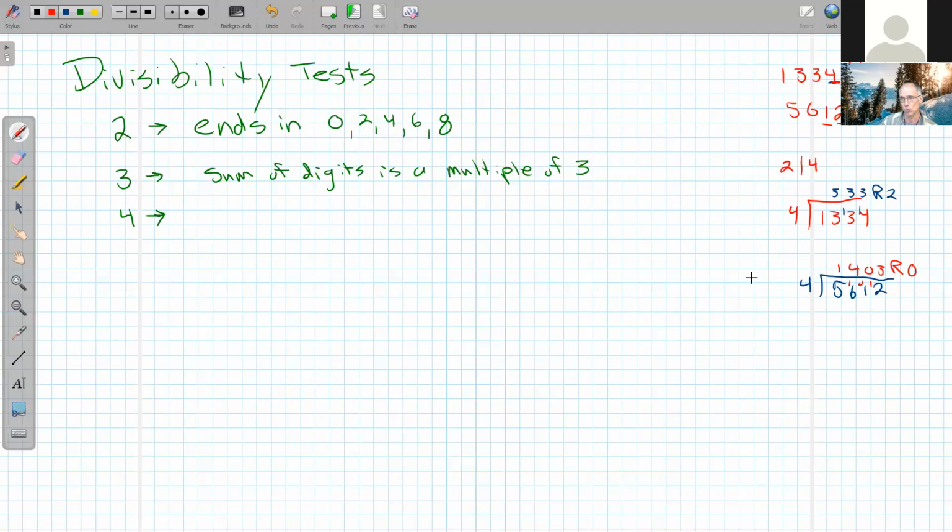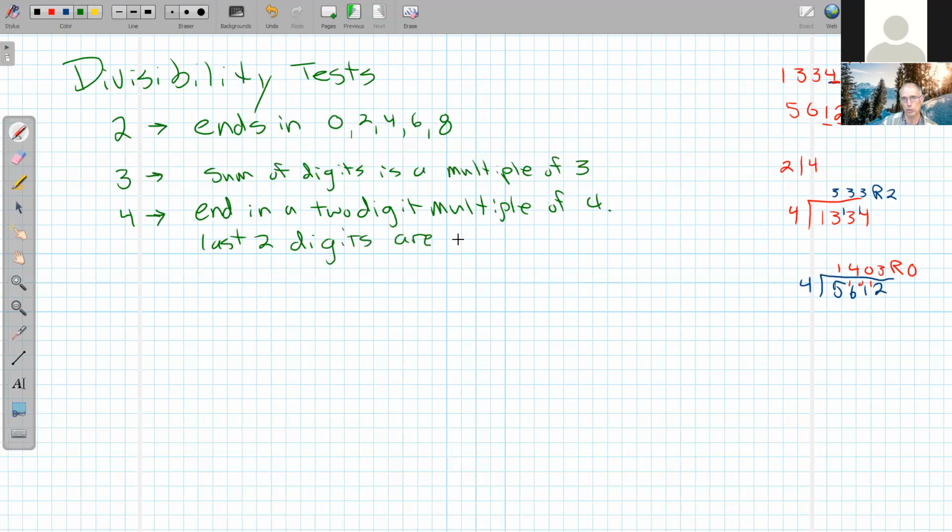Okay, so I'll state the rule and then I'll try to justify it. So the rule is that the number ends in a 2-digit multiple of 4. Another way to state that is the last 2 digits are a multiple of 4.